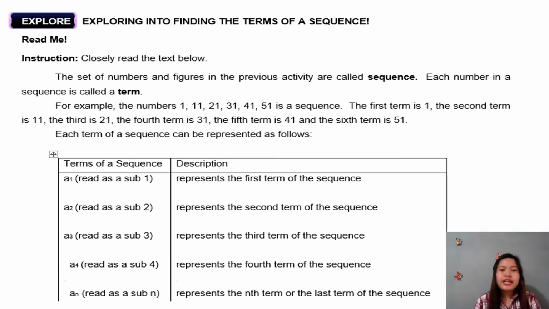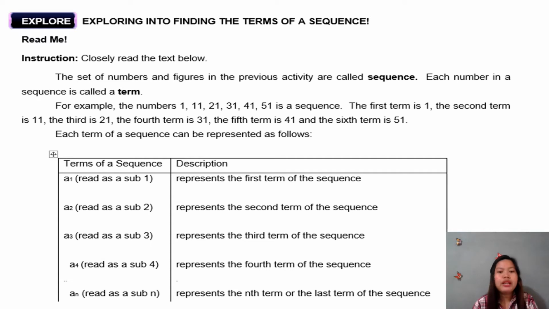So for example, the numbers 1, 11, 21, 31, 41, 51 is a sequence. The first term is 1. In this sequence, from 1 to 51, the first term is 1, the second term is 11, third term 21, fourth term 31, fifth term 41, and the sixth term is 51.